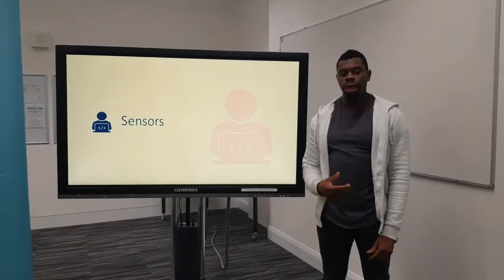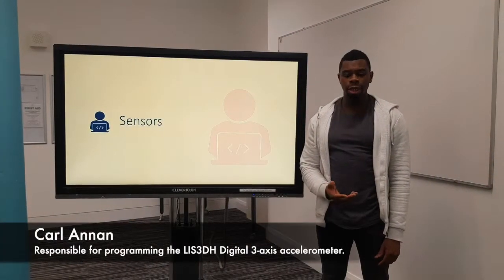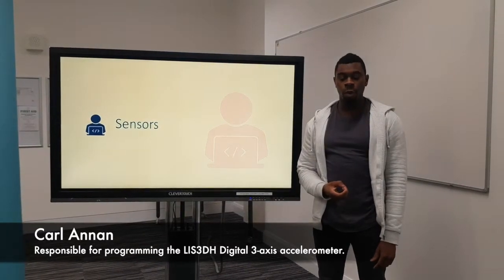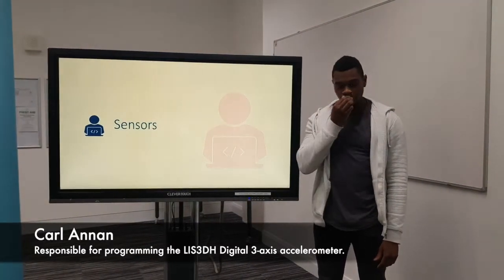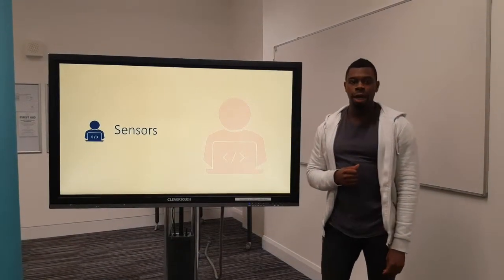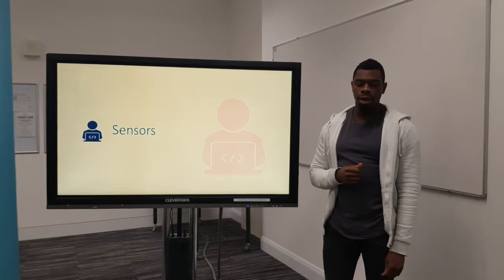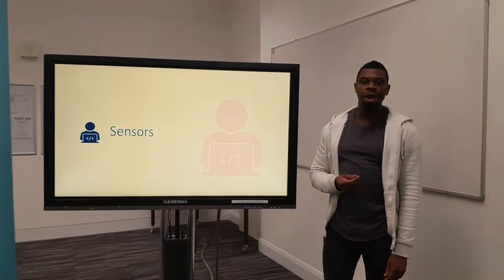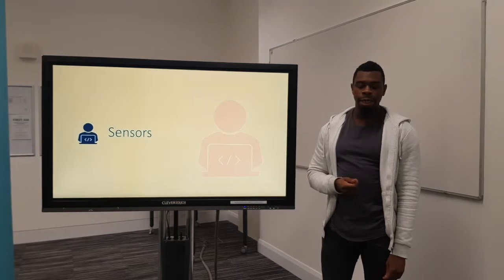On the Odroid, we wanted to have a multitude of different sensors, such as MQ sensors, that were suitable for a wide range of gases, such as carbon monoxide, carbon dioxide, and nitric oxide, which are leading contributors in global warming. There were other sensors that we wanted to have, such as humidity and temperature.